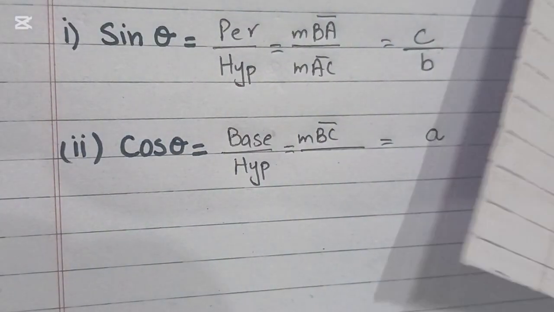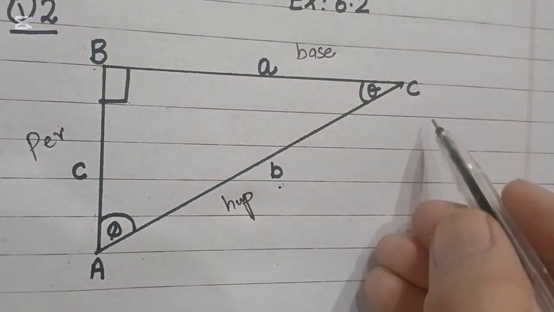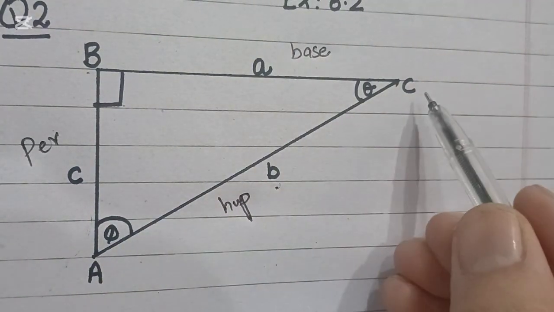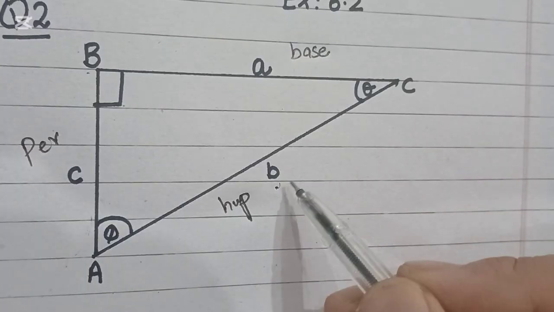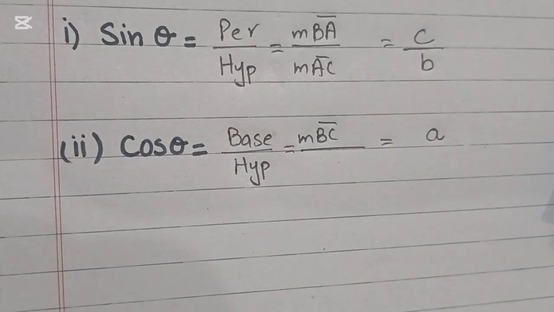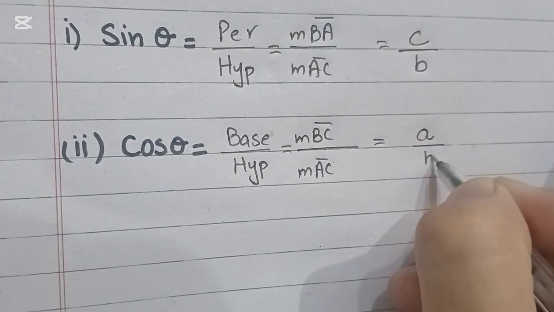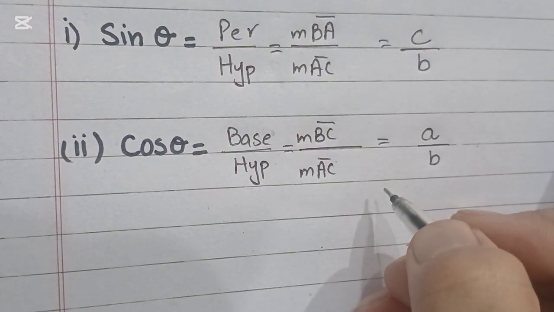Now the hypotenuse side is the longest side, opposite the 90 degree angle, which is AC, measurement AC which is equal to b. This is our required answer of the second part.